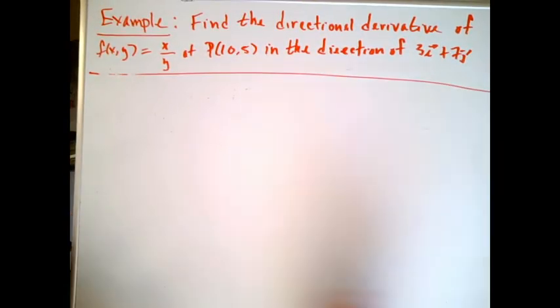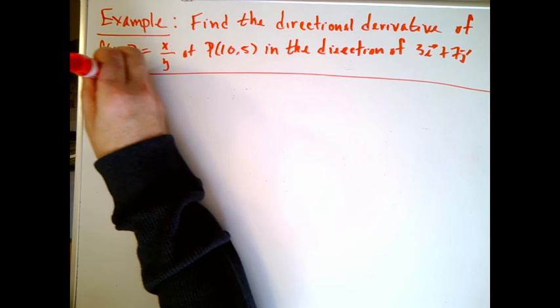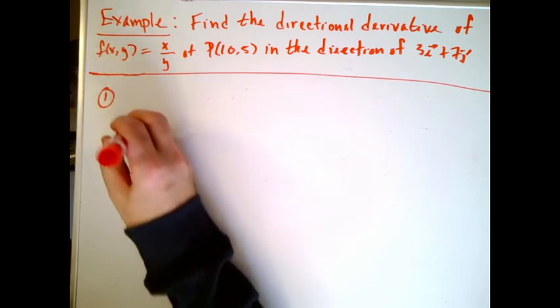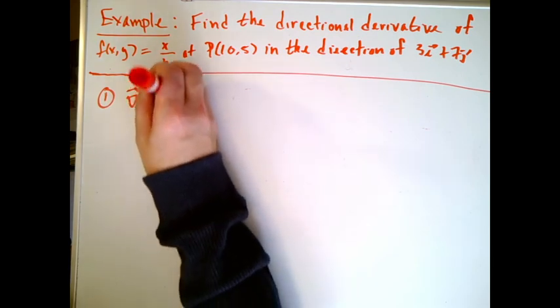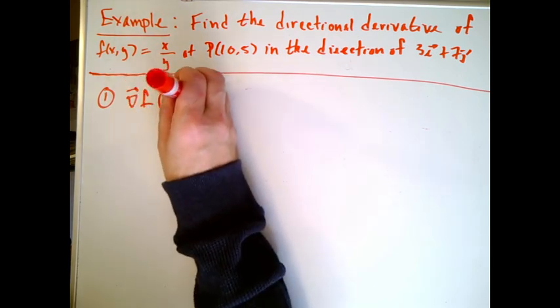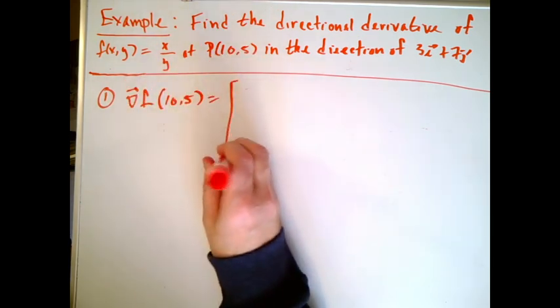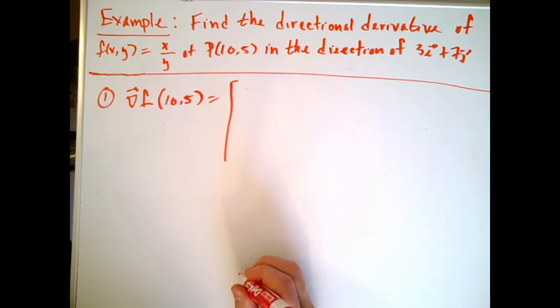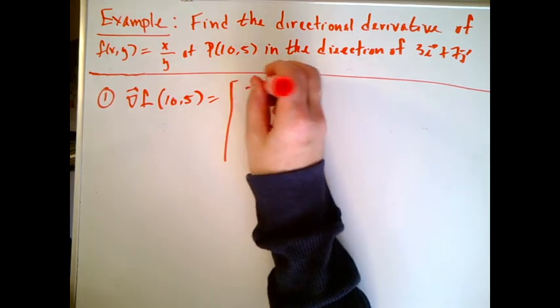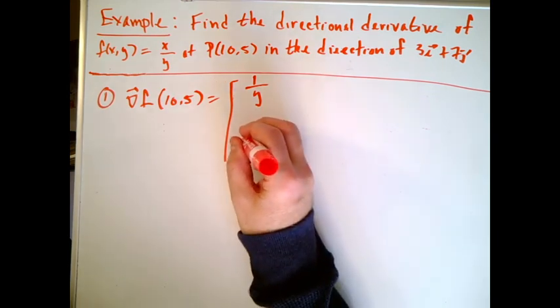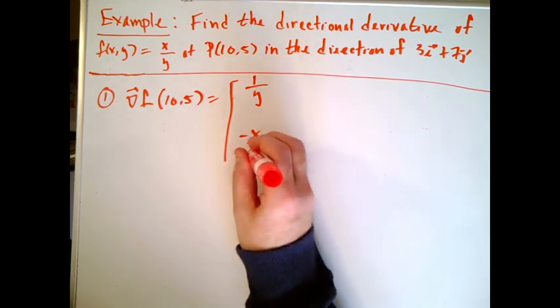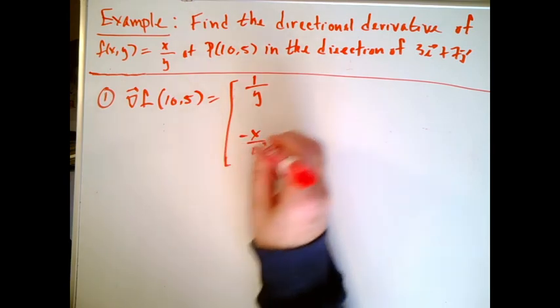Now the ingredients are, I'm supposed to have the gradient vector, so let's calculate that first. The gradient vector at (10, 5) is the vector we get by taking the partial derivatives. The partial derivative of this with respect to x is just 1 over y. The partial derivative with respect to y, and we've done this several times this semester, is minus x over y squared, like that.